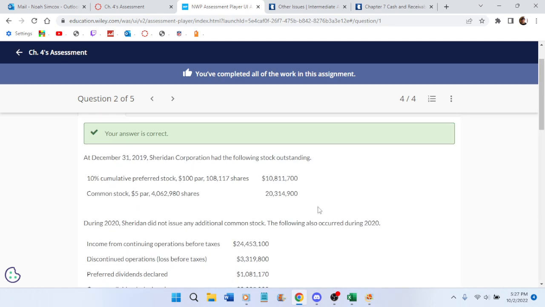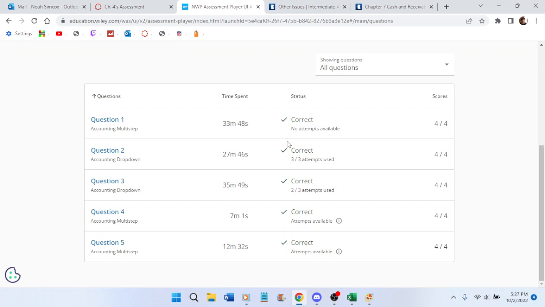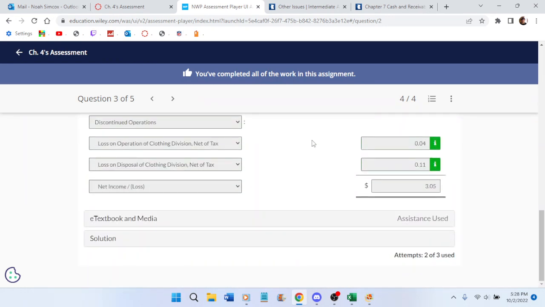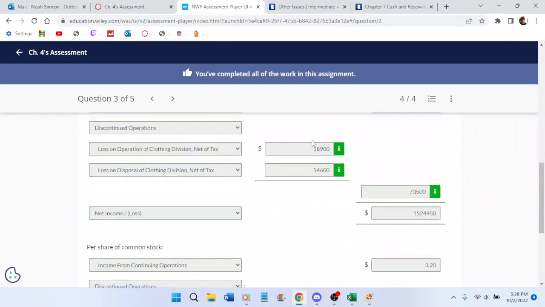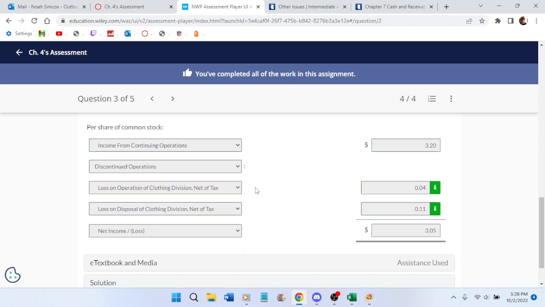Now, there was one more question where it was kind of like that. It must have been this one. This was basically the other question that had the exact same issue, the same type of question. The thing I wasn't getting was the loss on the operation part.